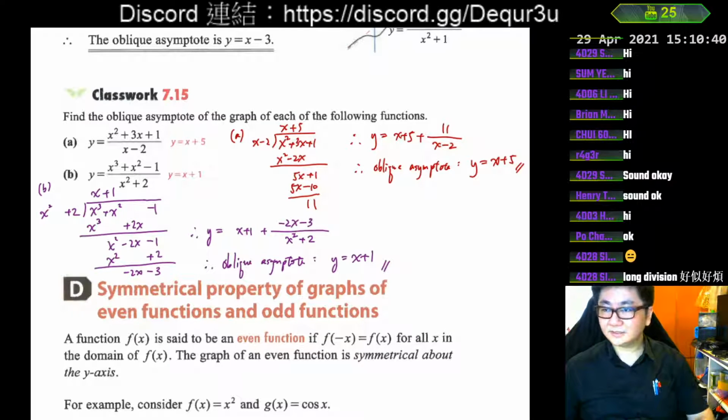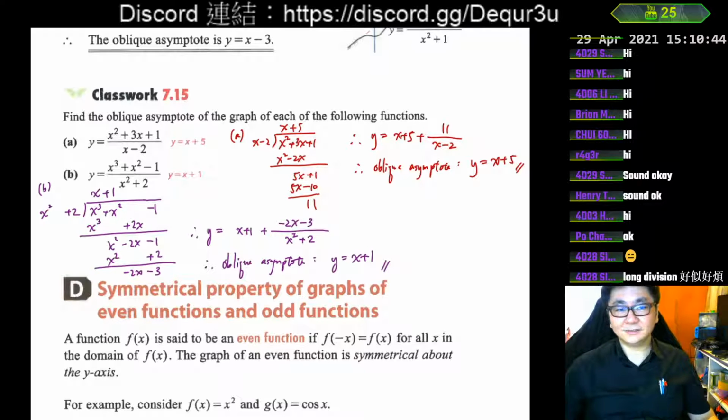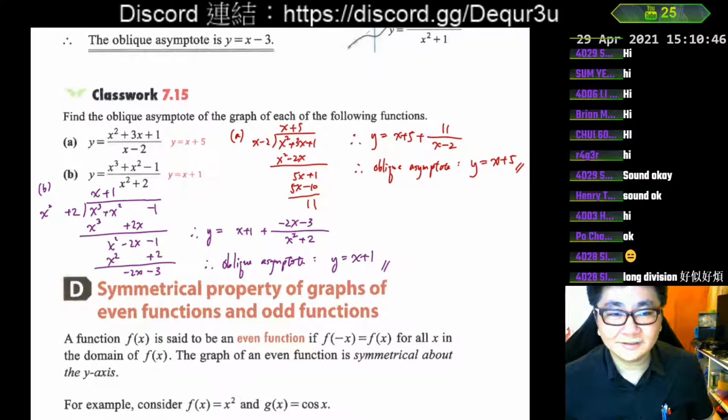Okay, so check your work against the work on the screen and see whether it is okay.